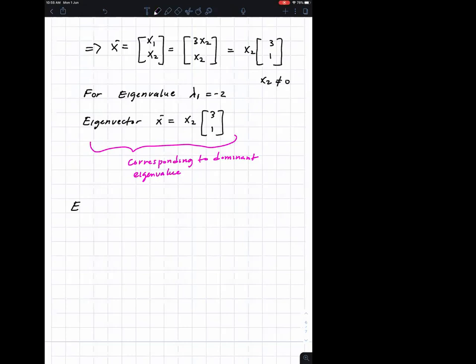So, example: how to find a dominant eigenvector using a numerical method.